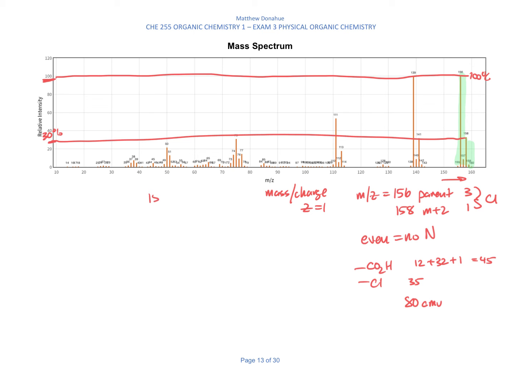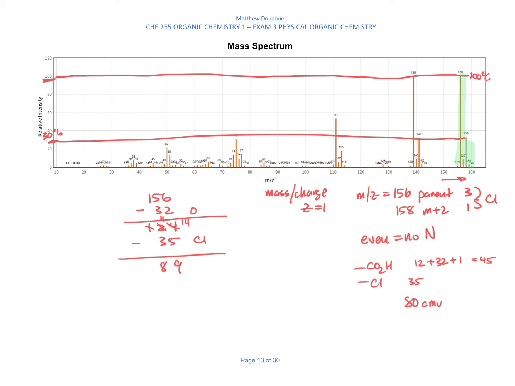We can also again do the normal thing. If we take 156 and we're just considering the heteroatoms now, so minus 32 from the oxygen, that gets us 124. And we back off 35 from the chlorine. So that's going to give us 89.